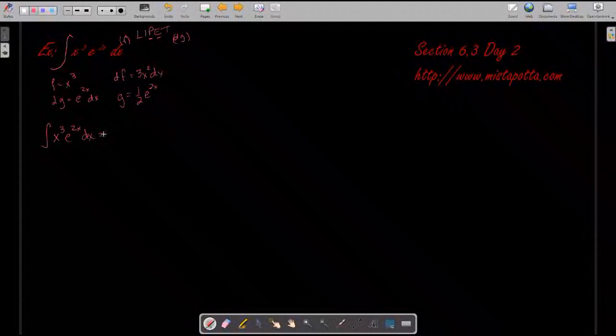So I've got the integral of x cubed e to the 2x dx. And this is supposed to be equal to f times g minus the integral of g times df. And so notice what I've got here.